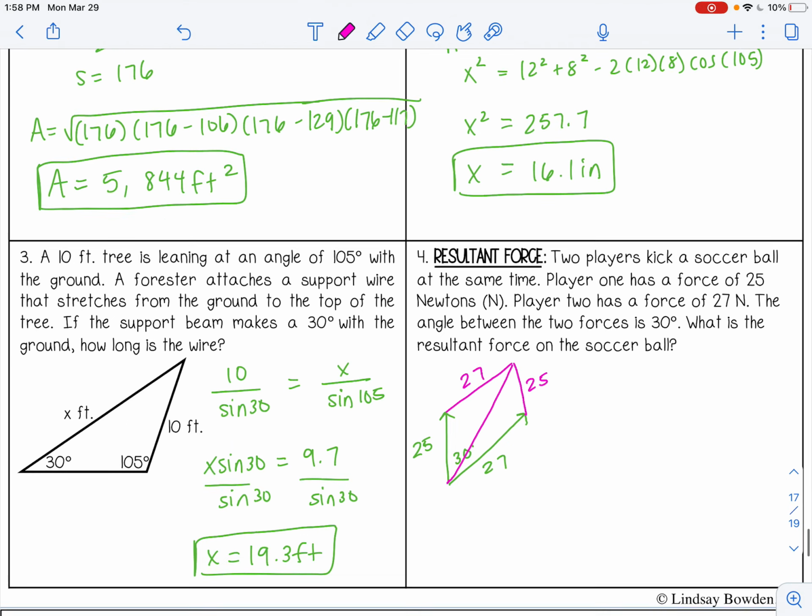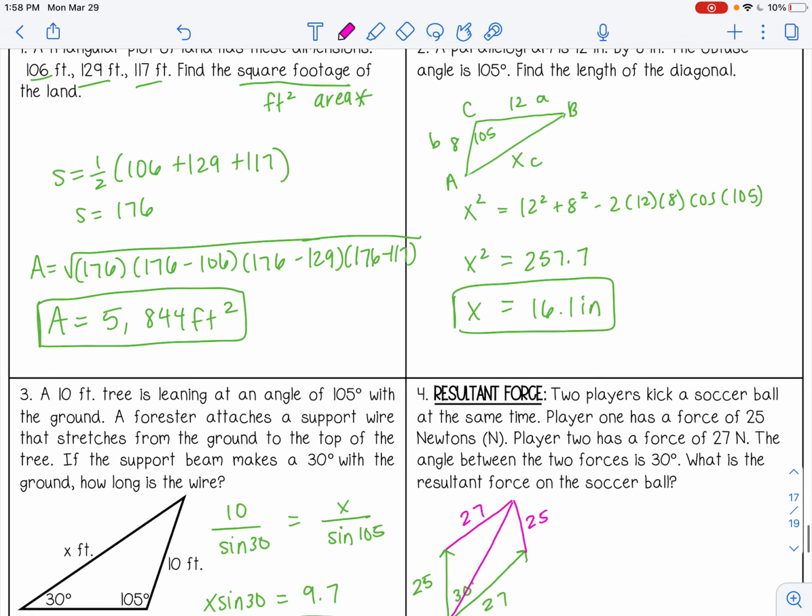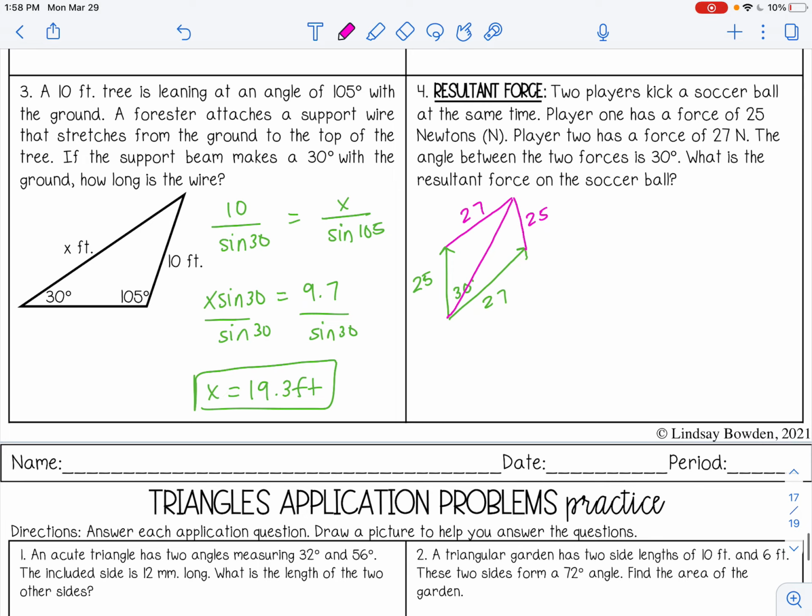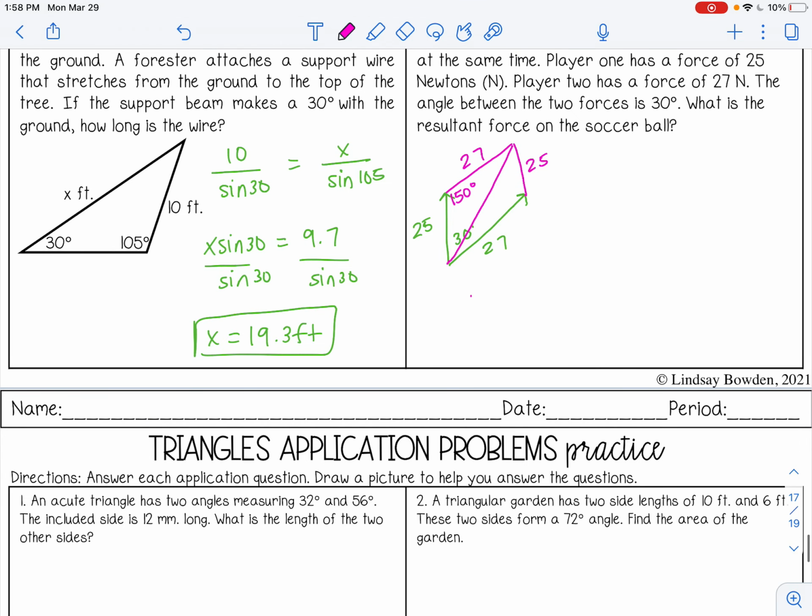So it's going to be kind of similar to number 2. The other angle is going to be 150 because in a parallelogram, consecutive angles are supplementary. So 180 minus 30 is 150. I'm just going to draw that top triangle. And this is my x that we're trying to find.